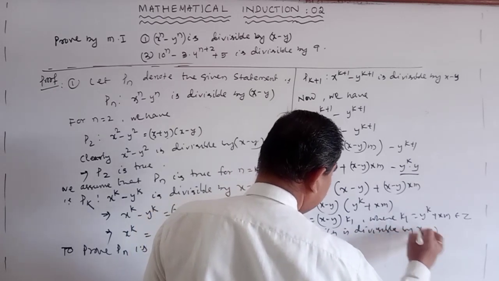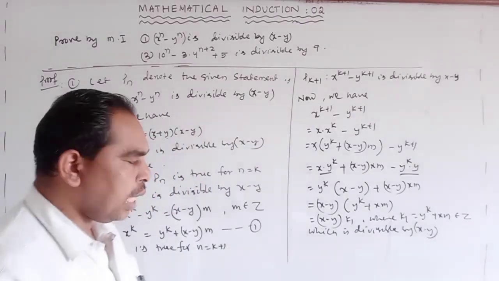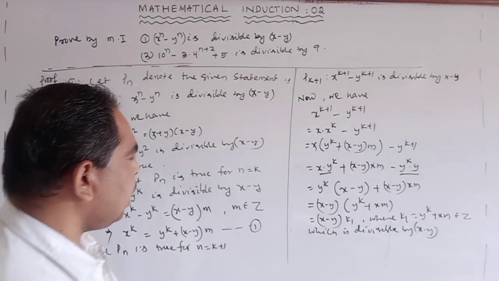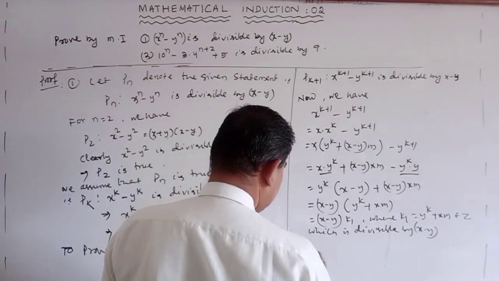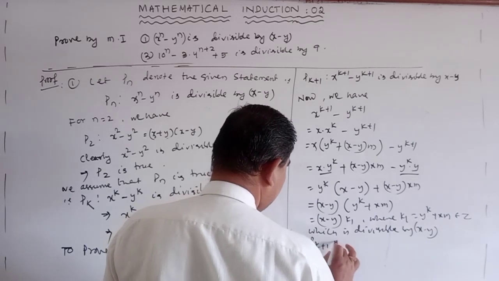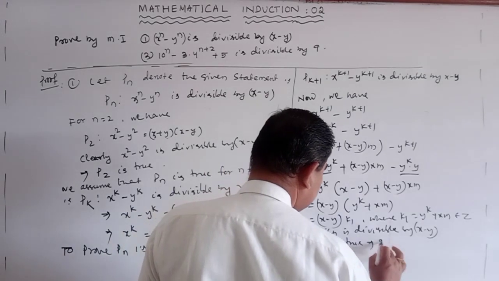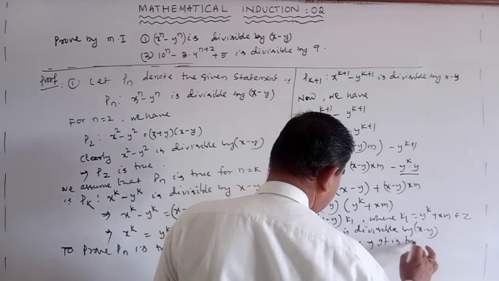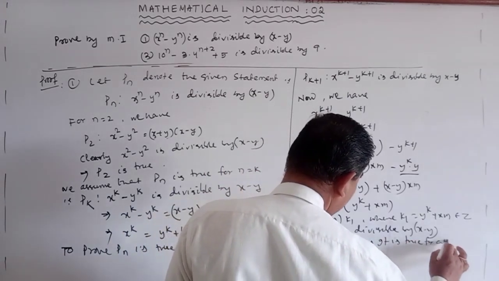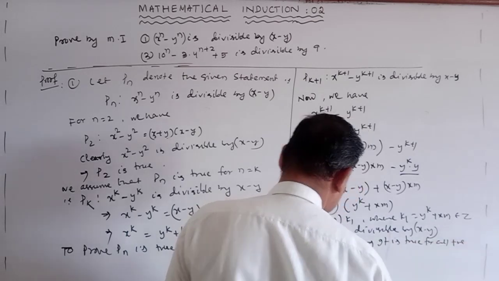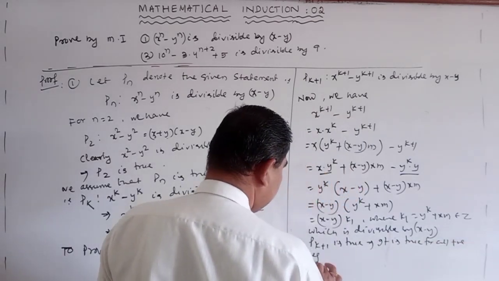So this is divisible by x minus y. That is, Pk plus 1 is true. Pk plus 1 is true, so this implies it is true for all positive integral values of n.